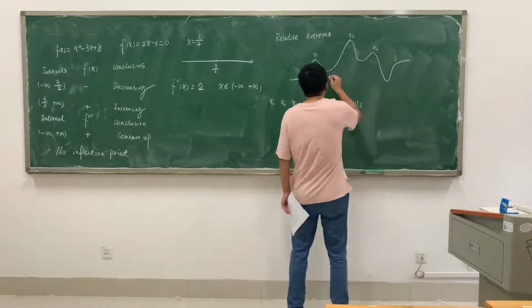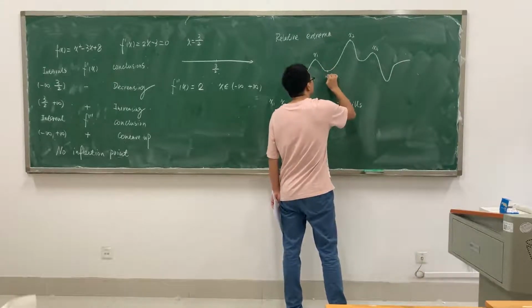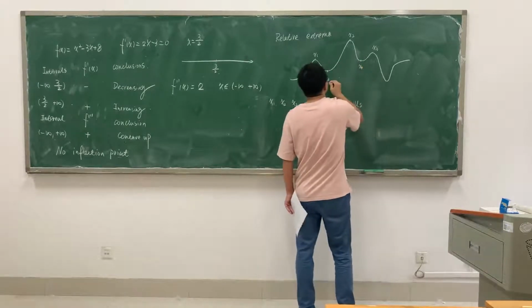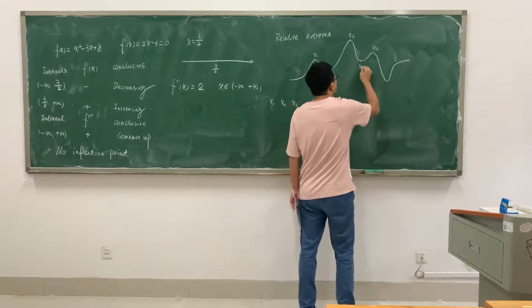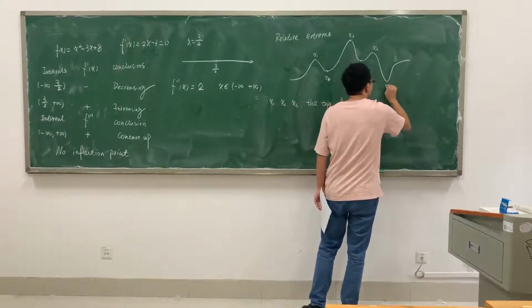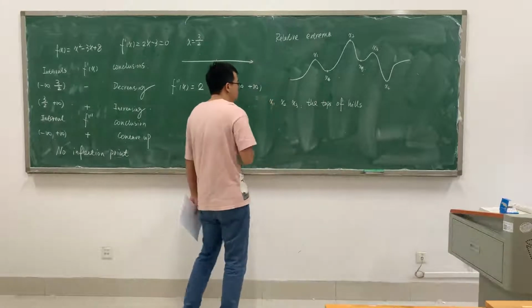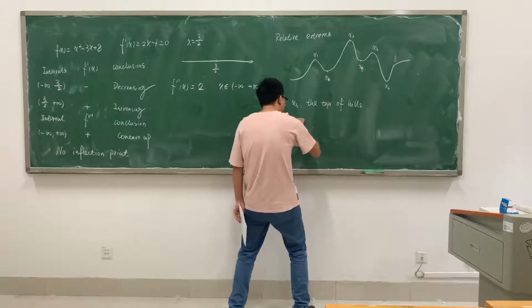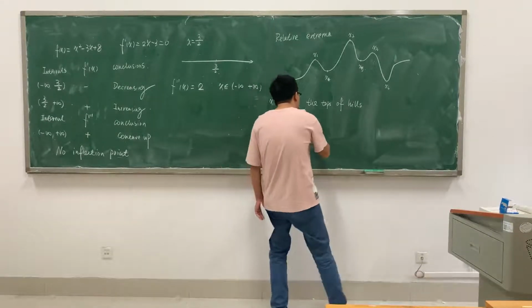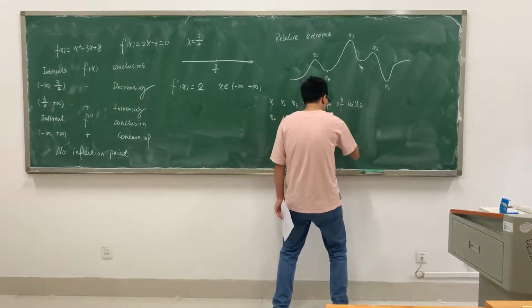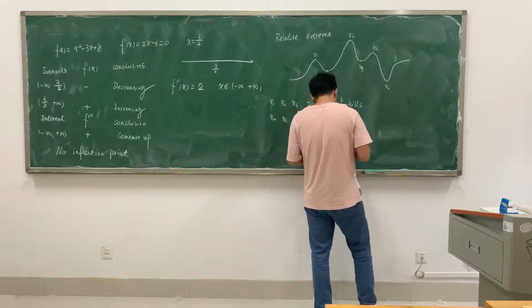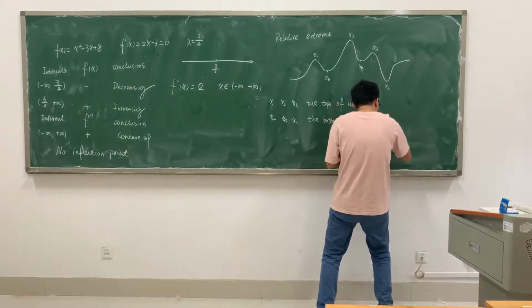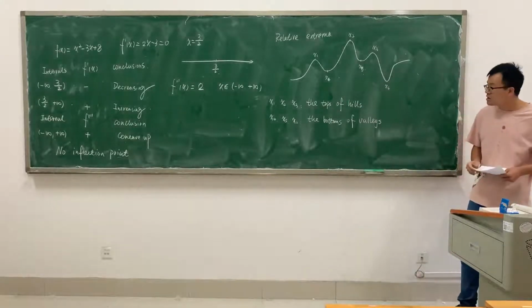And for these 3 points, for example, this is x4, this is x5, this is x6. For these points, it's the bottoms of the valleys.